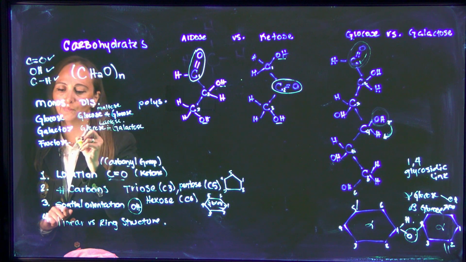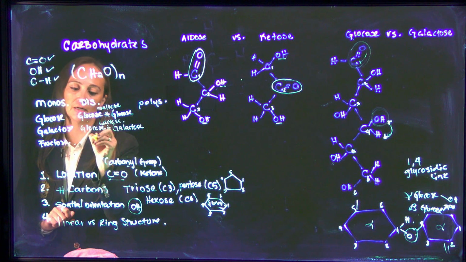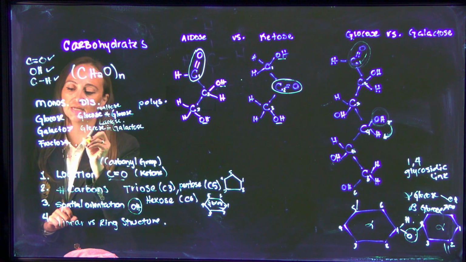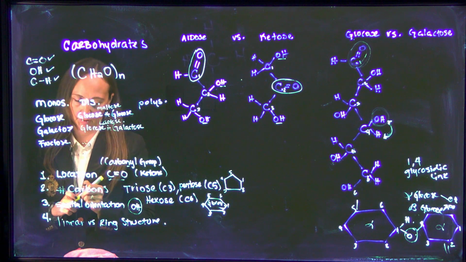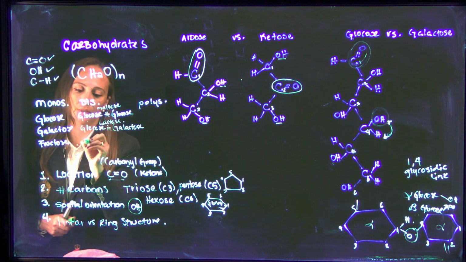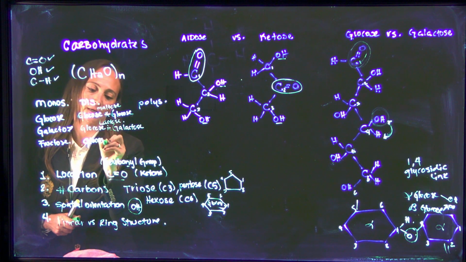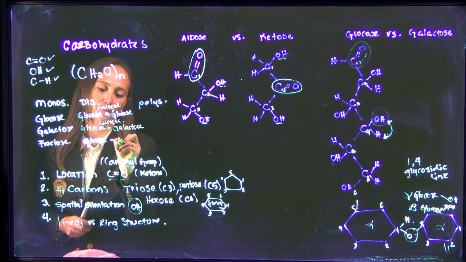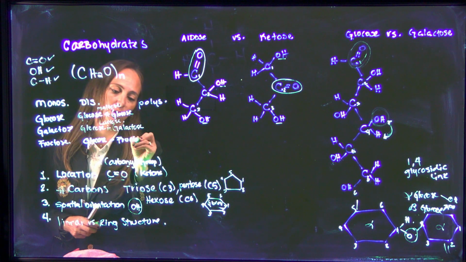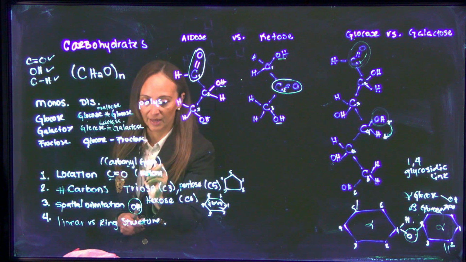Now, finally, we have fructose. Fructose is pretty cool. So we're going to have sucrose. For glucose, I use the green one. So we're going to have glucose, and then we join it together with a molecule of fructose, which is a type of ketone.